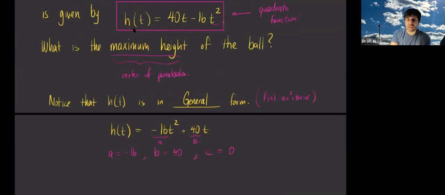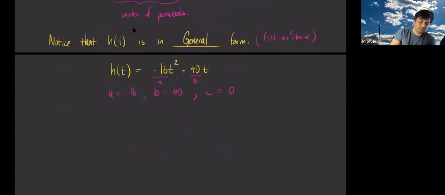Now, what am I going to use the A, B, and C values for? Again, what's the goal of my problem? I want to find a maximum height. How do you find a maximum height? I'm really trying to find the vertex. To find the vertex, what must I first find?